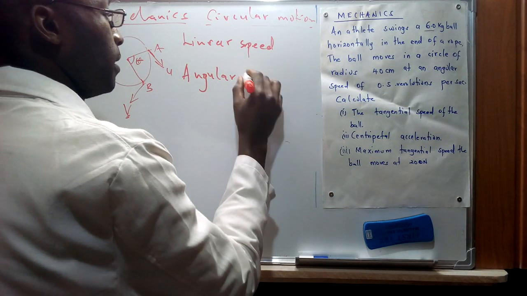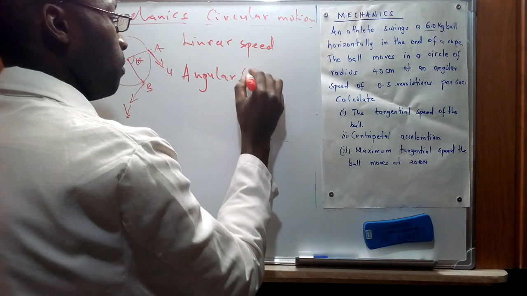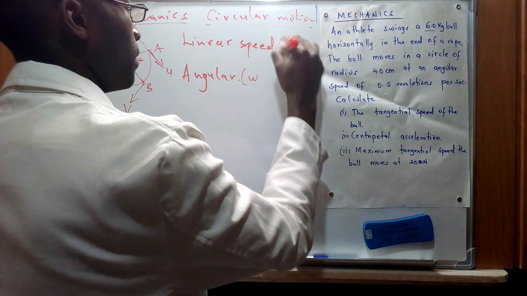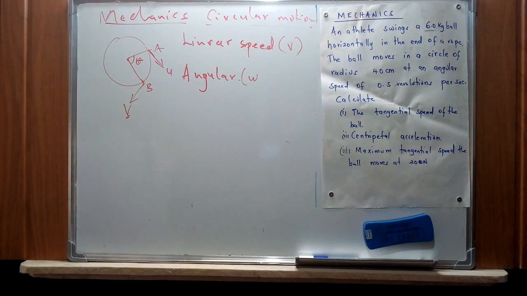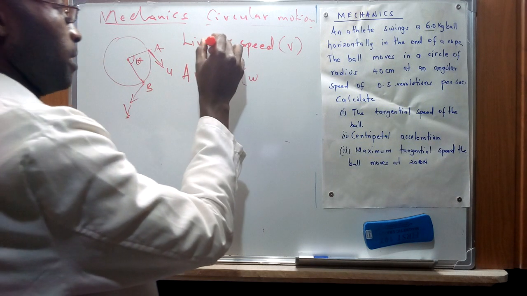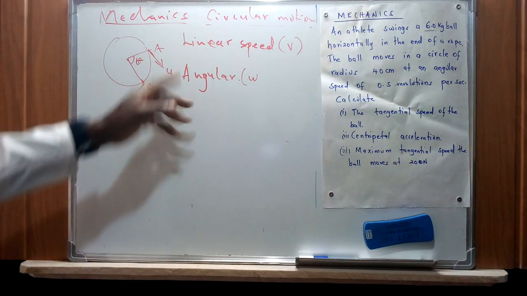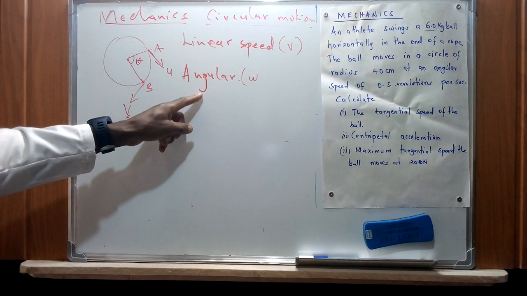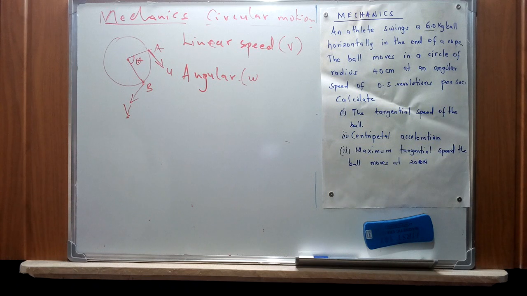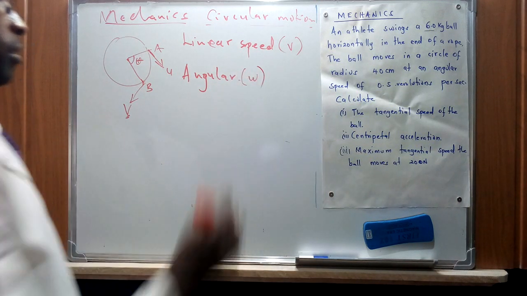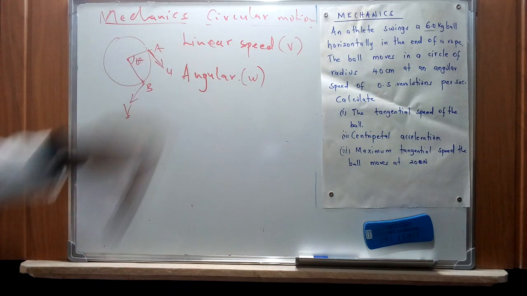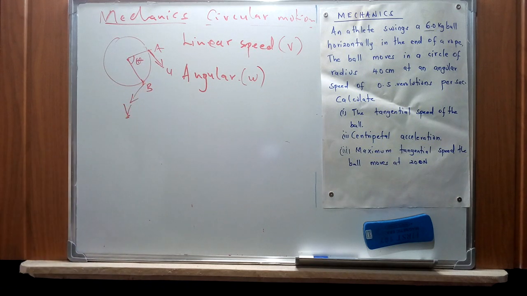This one is denoted as omega, while this one is denoted as v. As we are going to use these terms in an alternating way, v is referred to as linear speed, or we can refer to it as tangential speed, the one we have described using the points A, B.